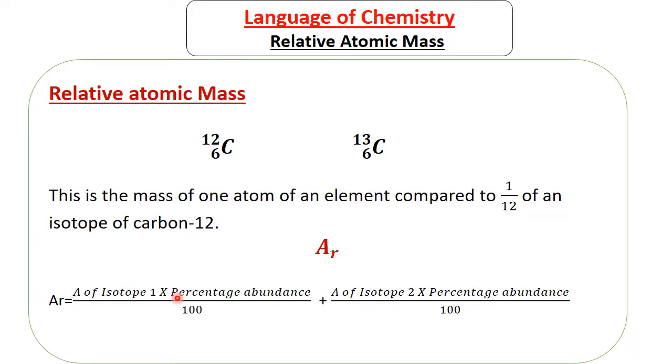We can have isotope 1 and isotope 2, but the element might have a lot of isotope 1 and less of isotope 2. So we need to know how much isotope 1 there is as compared to isotope 2 to know the relative atomic mass. Again, it's a little bit deep but very easy, as you are going to see.